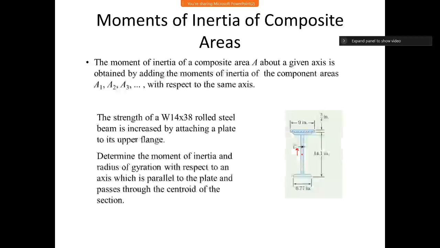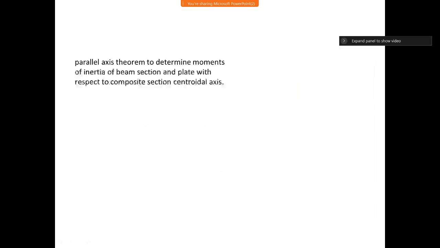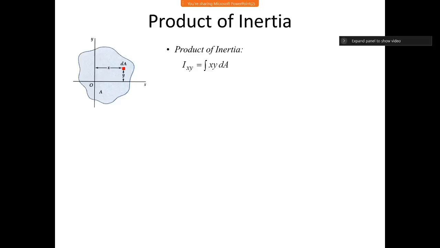And lastly, we talked about how we find the area moment of inertia for some complicated geometries. So in this case of a wide flange beam, we discussed that if we had an additional area, how do we do that? So these are some of the things that we have done, and now let's move to the new concept.